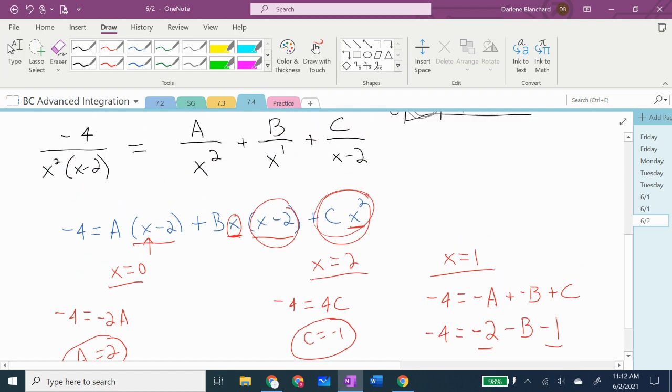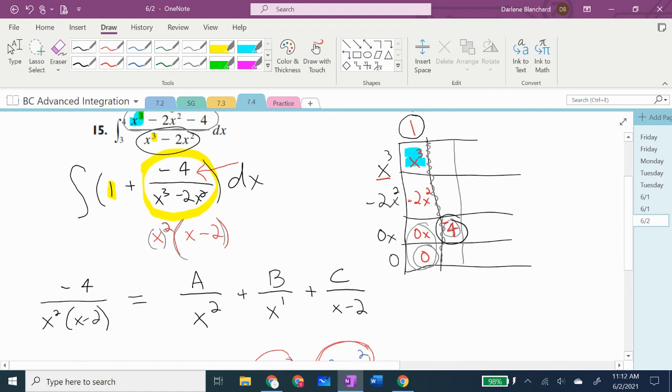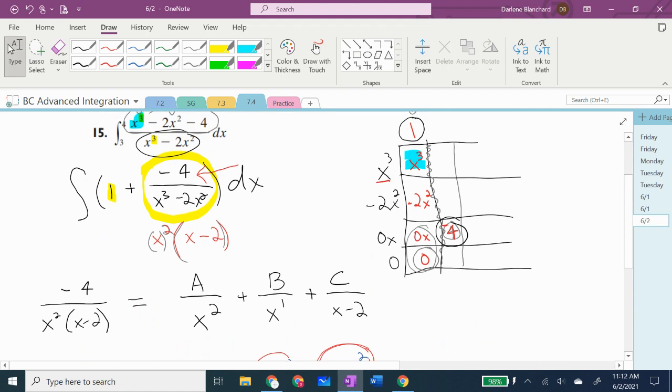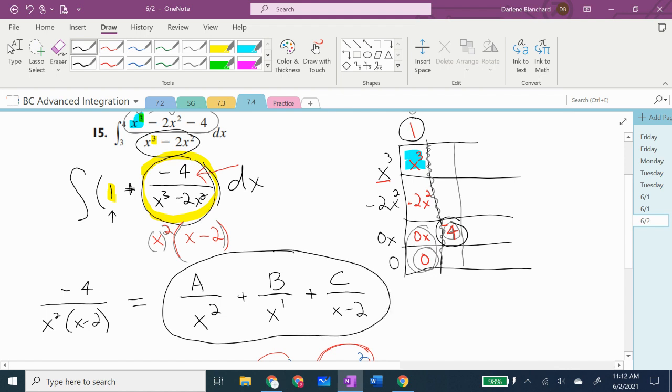Now I'm going back to what I was supposed to integrate. And I am integrating the entire polynomial 1 plus this fraction decomposition of the second term.